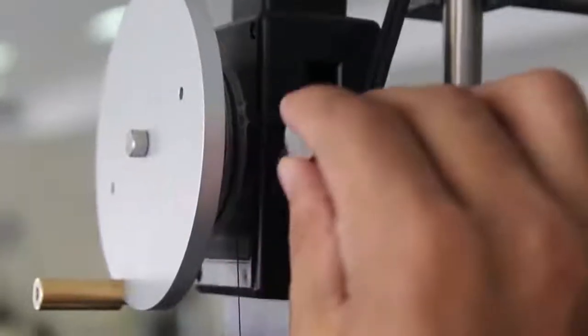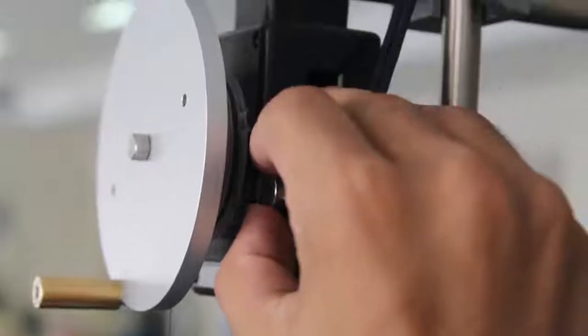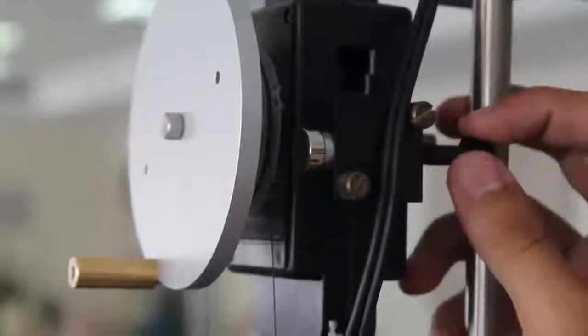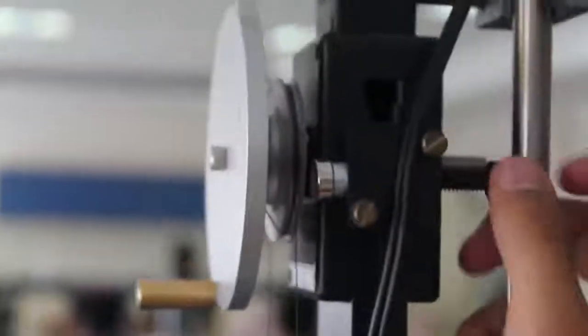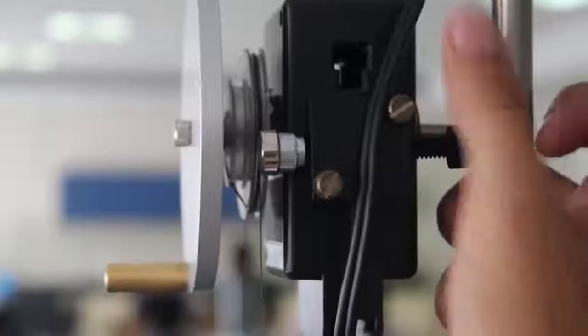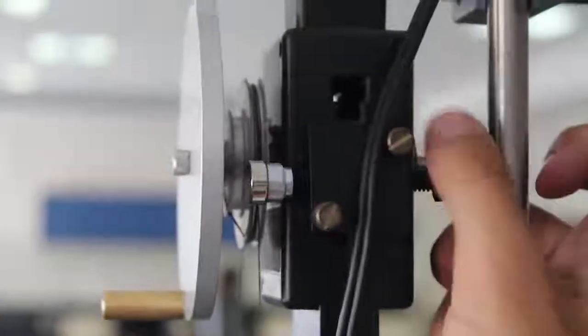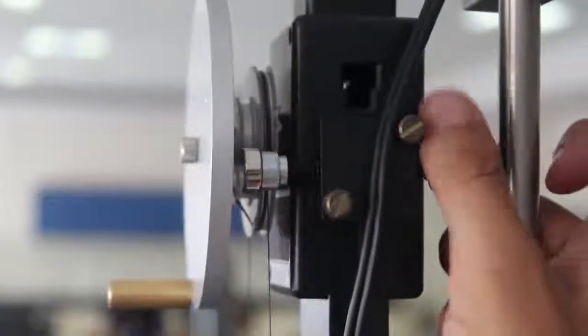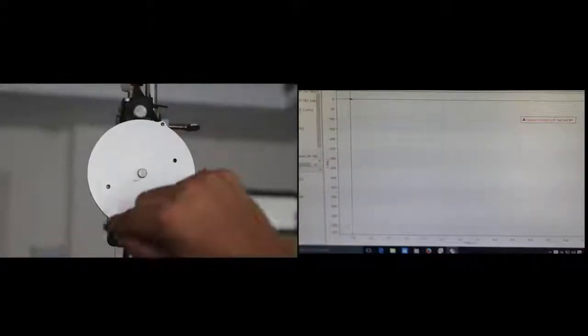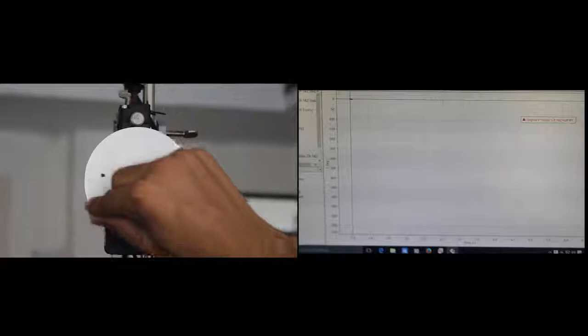To introduce damping into our system, we now attach a magnet and screw it to a distance of about 3 to 4 mm from the disc.